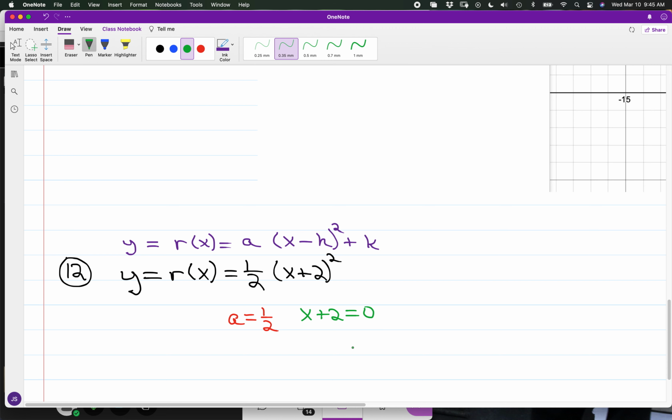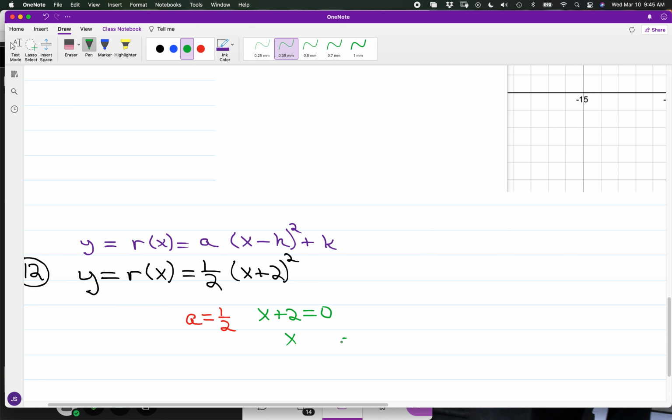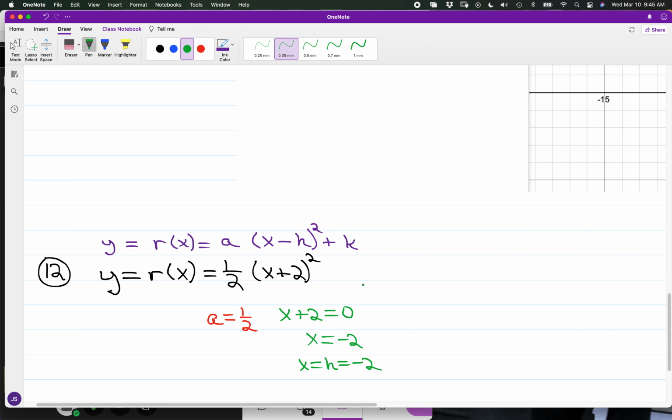If I set this equal to 0, we have x equal to -2. So h is equal to -2. And for the k value, we don't have anything added or subtracted, so there's a void here, so k is equal to 0.